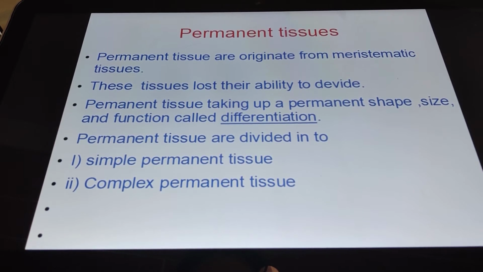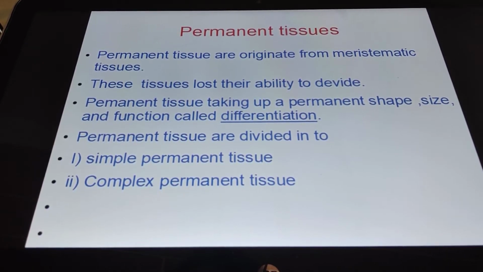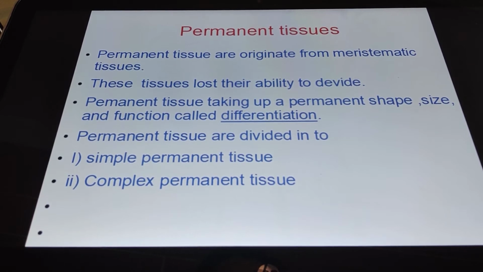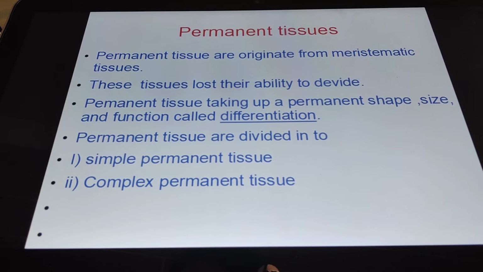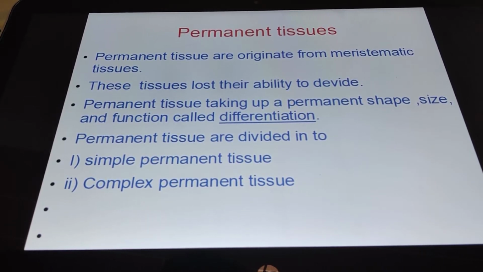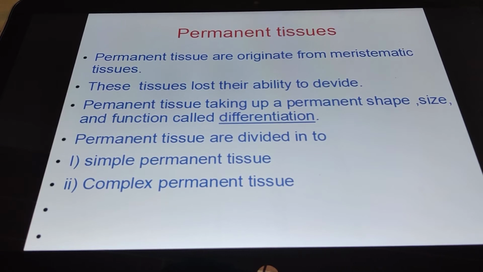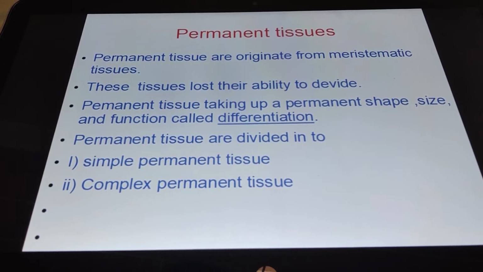Now, next, that is permanent tissue. This we have also already discussed. Children, permanent tissues originate from the meristematic tissue as they lose their ability to divide.